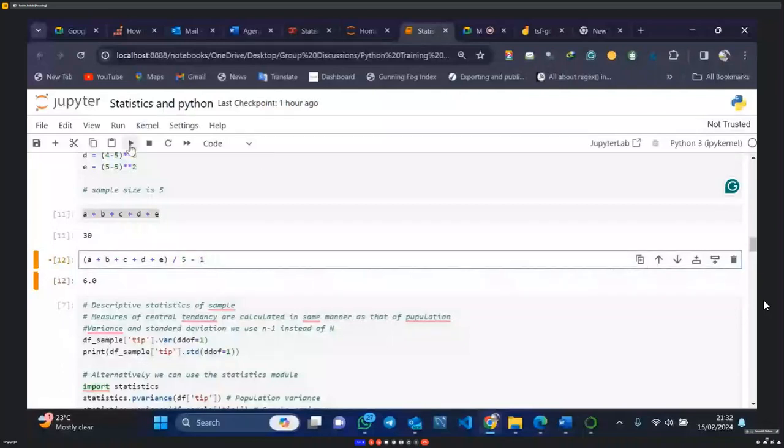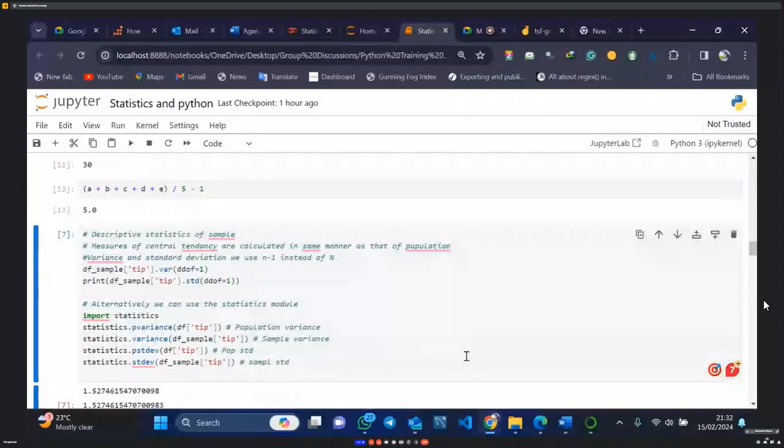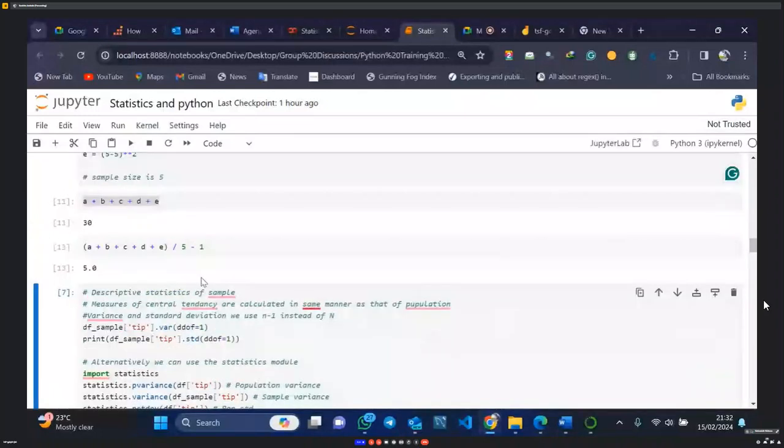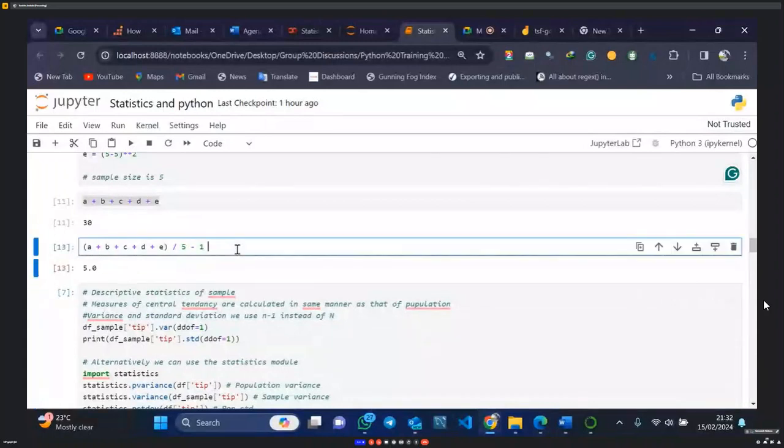Now for that one you have the variance. If you want the standard deviation, you take whatever you've gotten there. You can name it as a variable, say k equals all that you've typed there. So k is the variance.